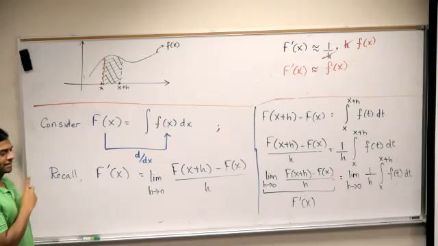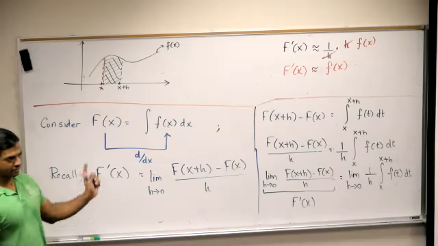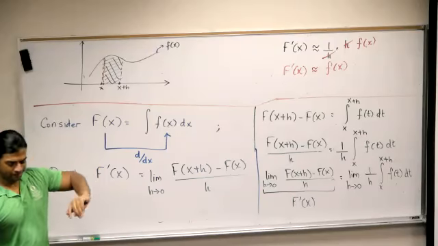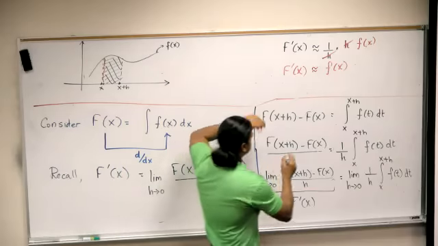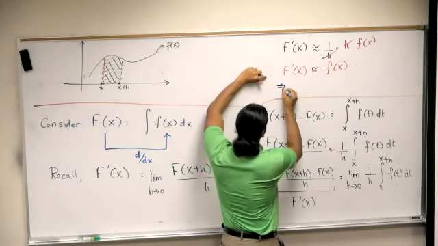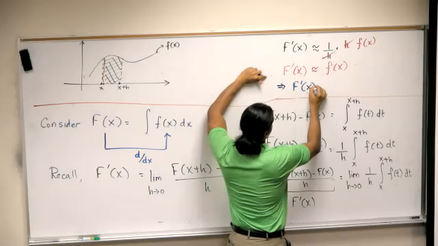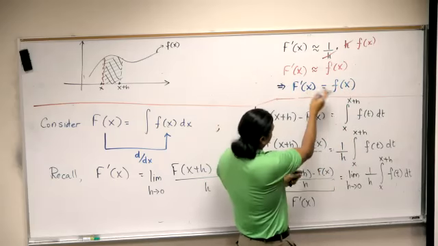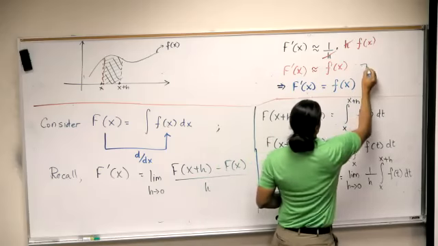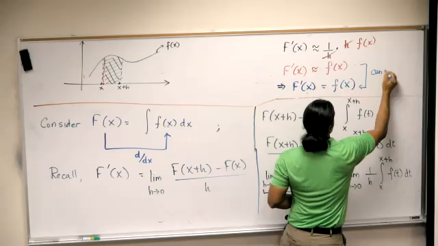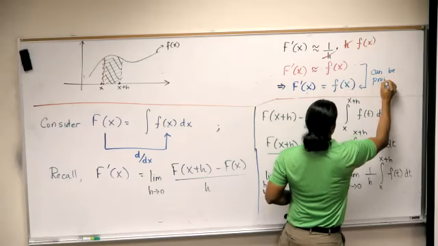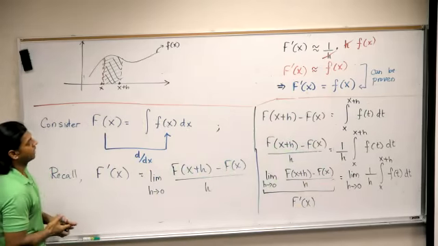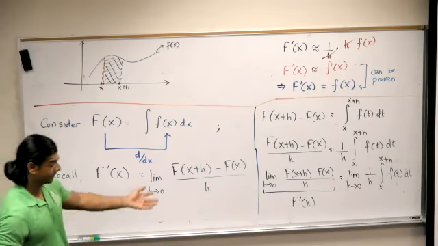Yes, the derivative of the antiderivative is the function f of x. Does that make sense? Now we can write this as, of course, this approximation will become an identity.